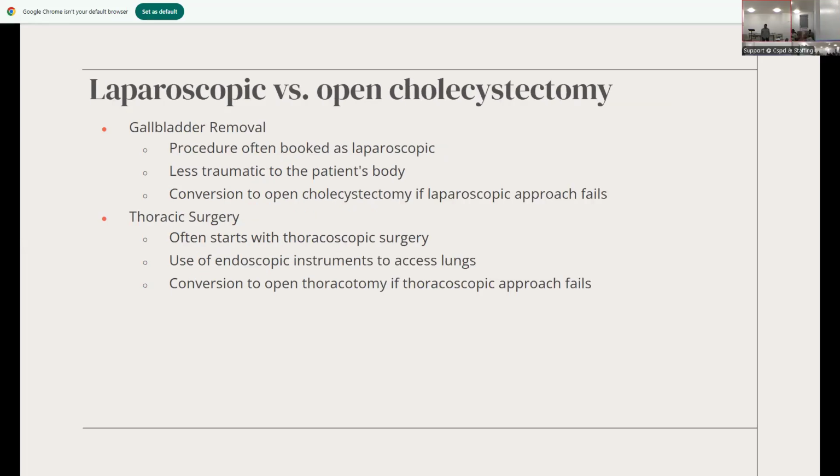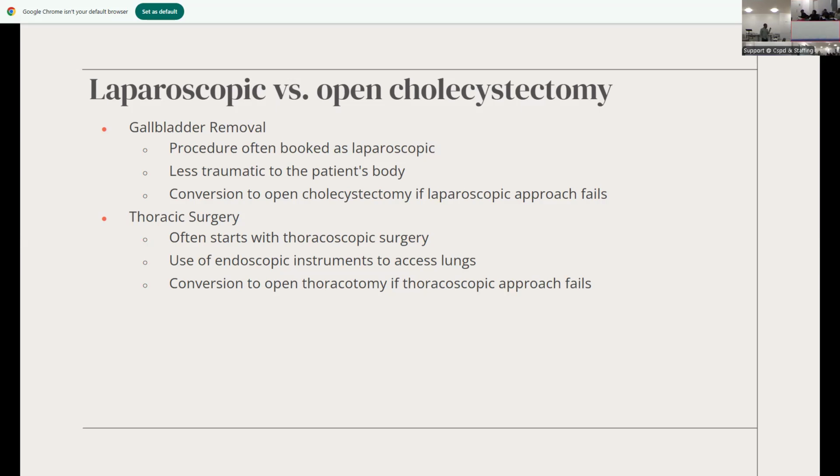Laparoscopic versus open cholecystectomy. So laparoscopic is minimally invasive.